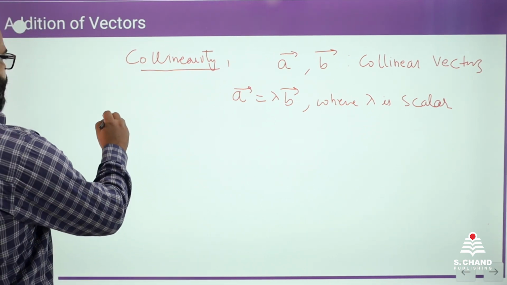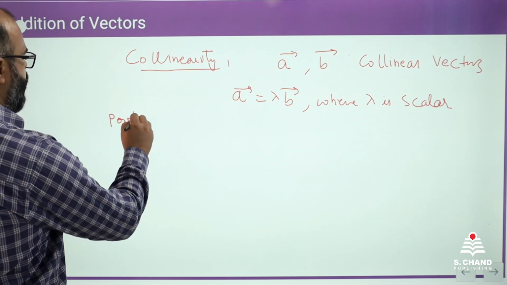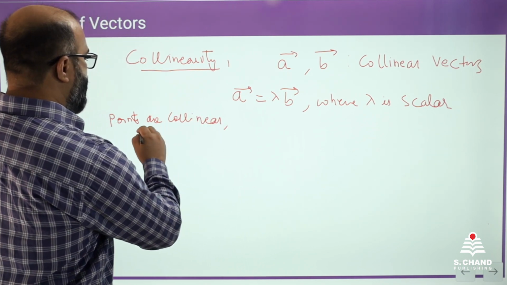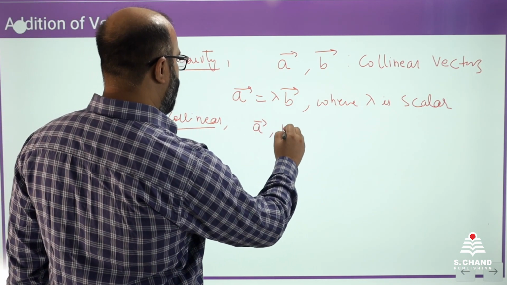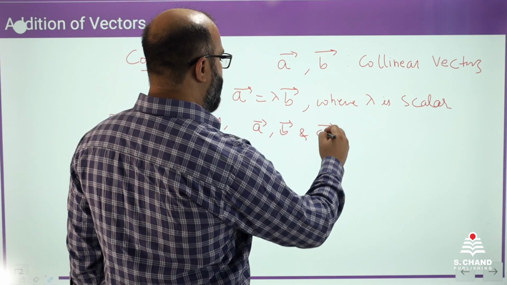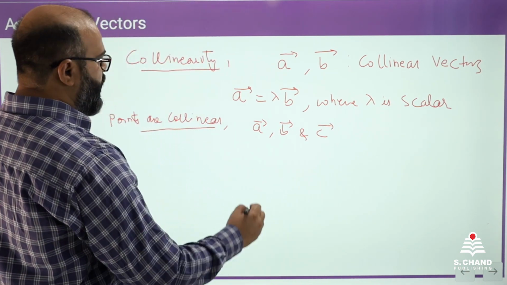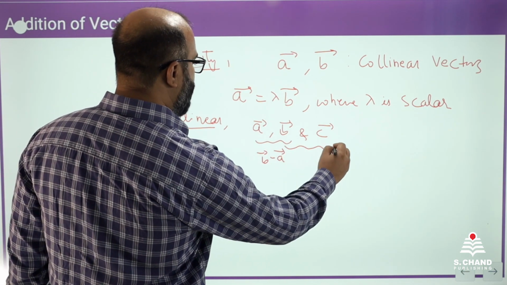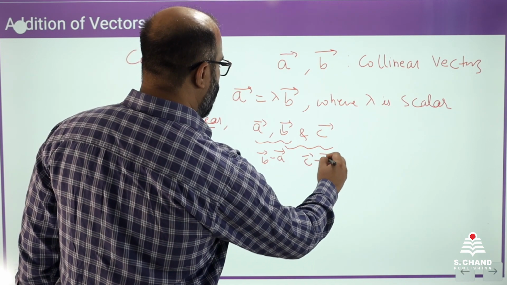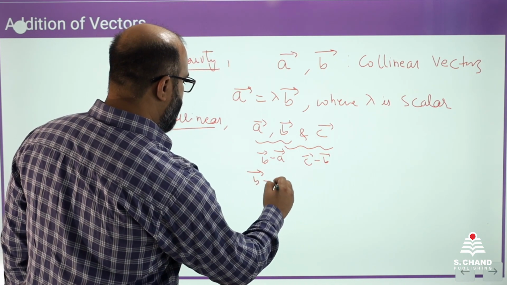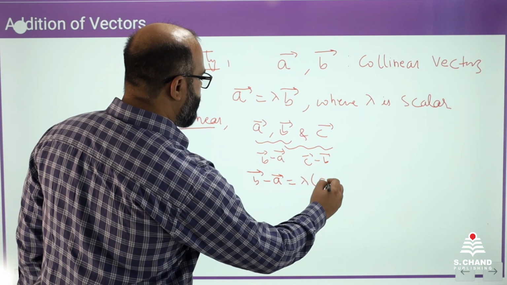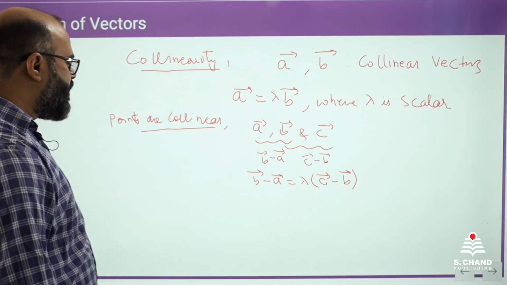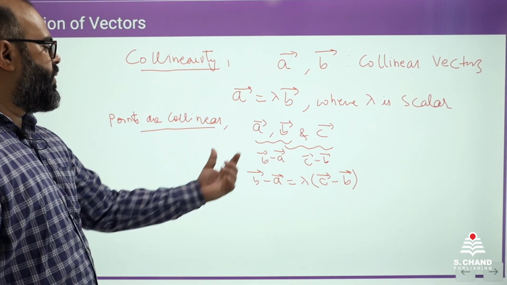Now if we say that points are collinear, here vectors are collinear, if we say points are collinear, suppose there are 3 points A, B and C, and we say that these points are collinear, then it means that the vector formed by these 2 points, B minus A, and the vector formed by these 2 points, C minus B, is such that B minus A is equal to lambda times C minus B. So the same result is there, only that we have the vector which is the position vectors' difference.